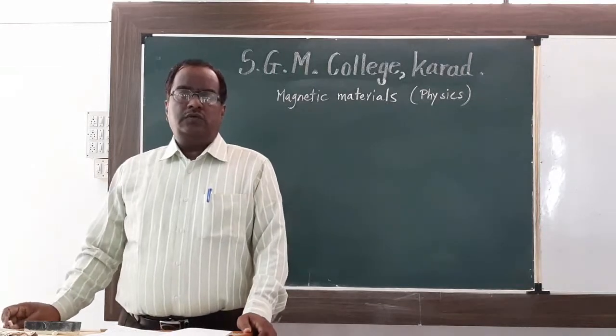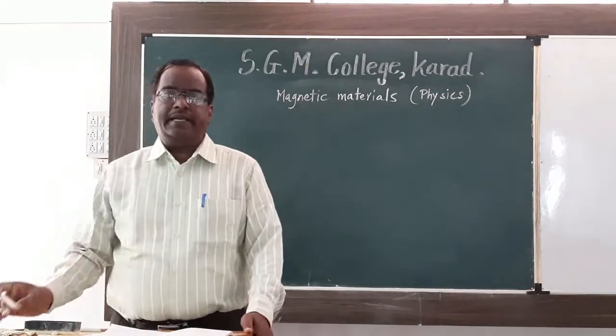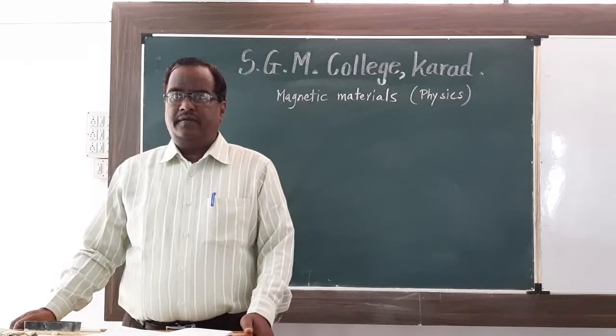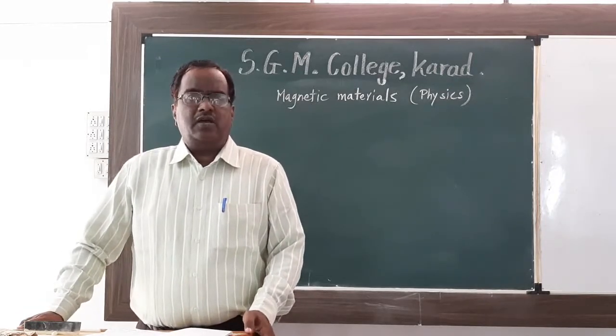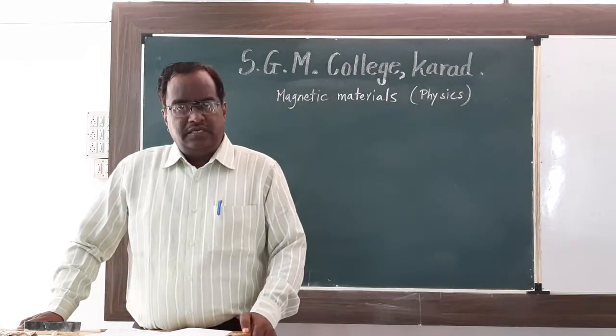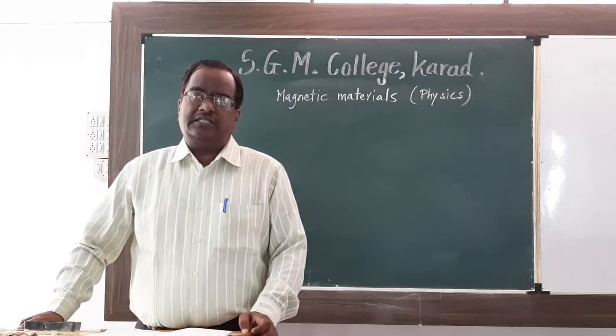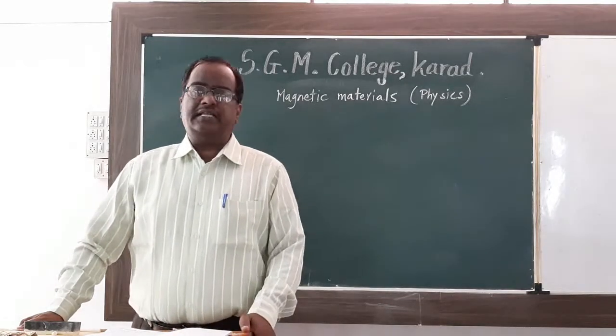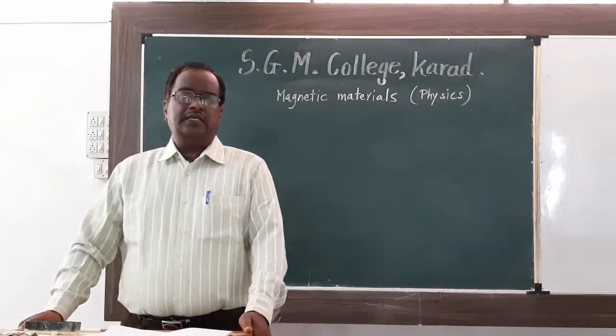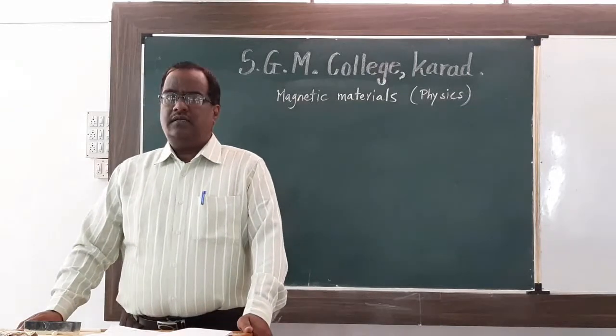We already know about the magnet. A magnet is a pair of equal and opposite poles separated by small distance. There are two poles inside the magnet, namely South Pole and North Pole.